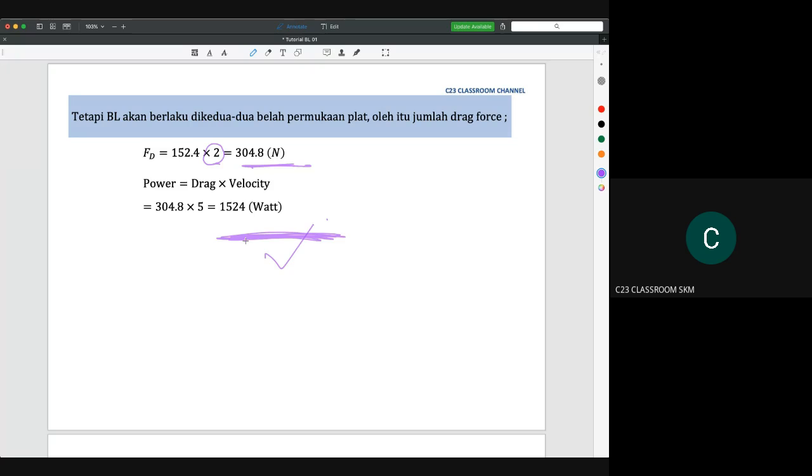The equation of power and force can be written as this one: power is force times velocity. In this case, the force is the drag force. So if you want to express this resistance in terms of power, you could write 304.8 times 5, because the velocity is 5. Now you will have 1524 watt. Because sometimes in our syllabus, in our test and final exam, we will ask you in terms of power.